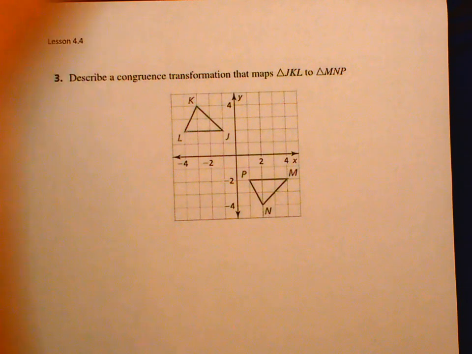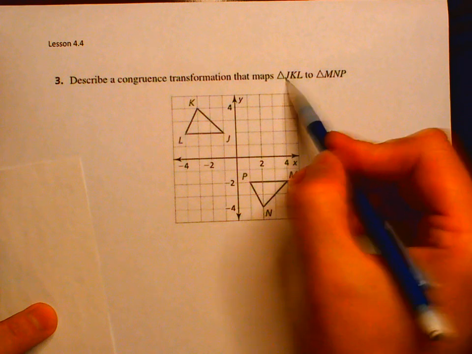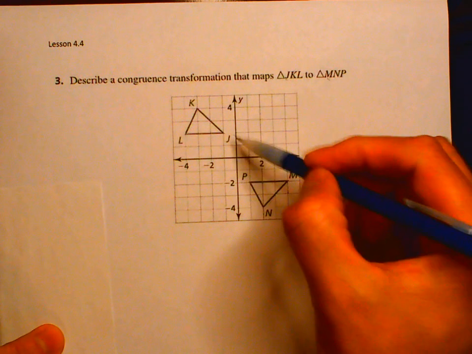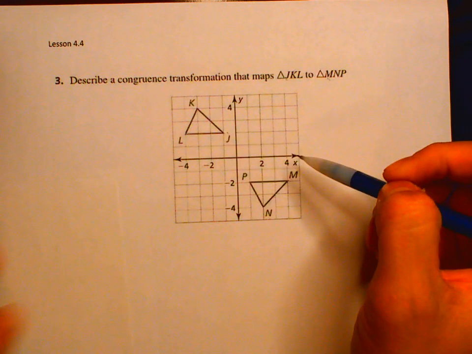Describe a congruence transformation that maps those two. So like I said, I'm going to use another piece of patty paper. And I have to map J to M. So J to M. So let me see what I can do here.